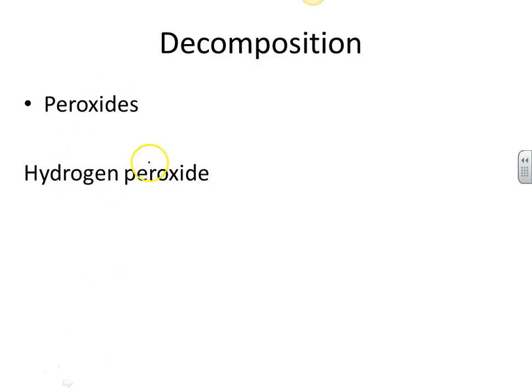Peroxides are also fairly common substances to decompose. Peroxide is O2 with a -2 charge, meaning that each individual oxygen has a -1 oxidation state, but it comes as a polyatomic ion as O2. So for instance, hydrogen peroxide is H2O2.